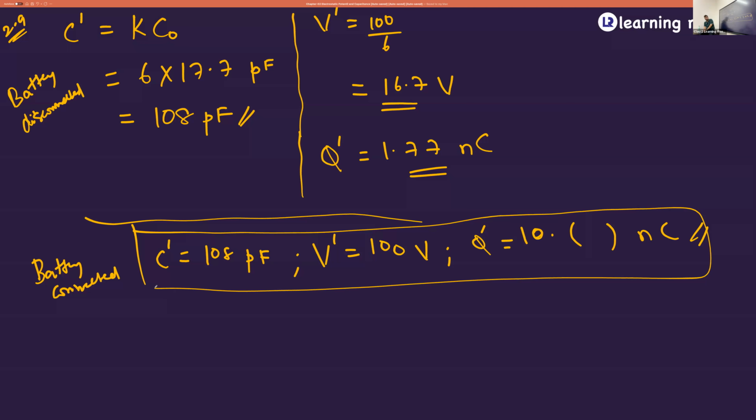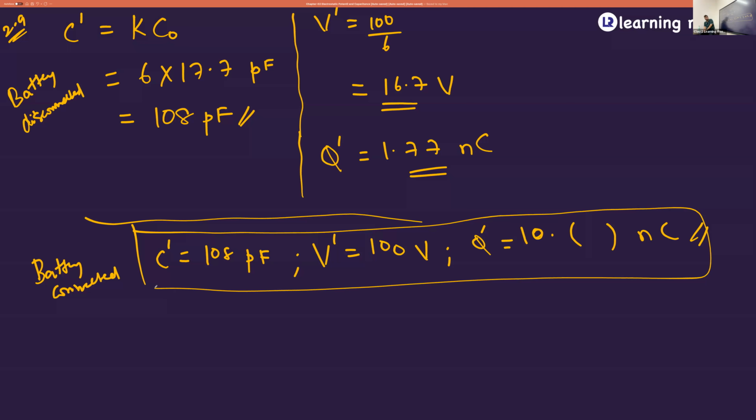Then, shall I proceed? Yes, Sundar, you can do it on your own. Correct? Sort of. Which one? Second one or the first one?